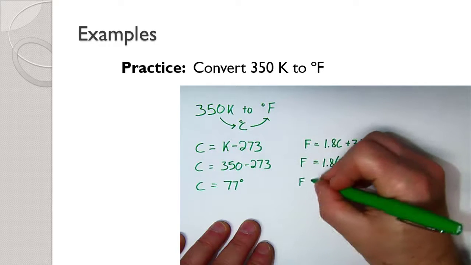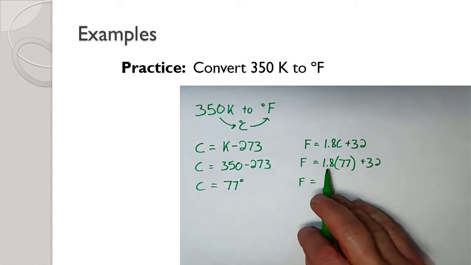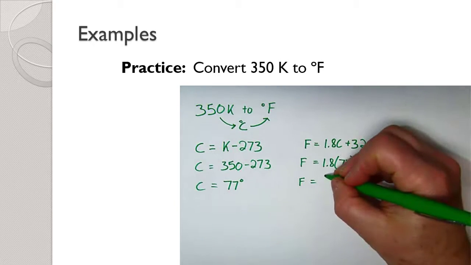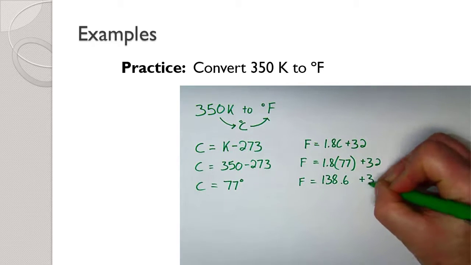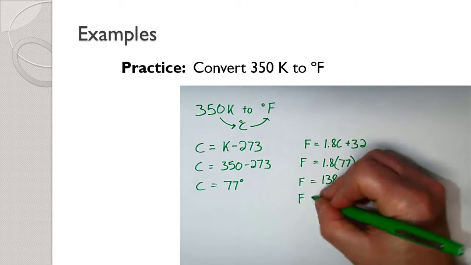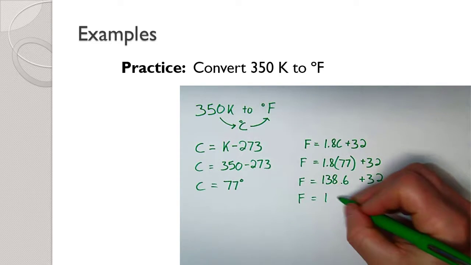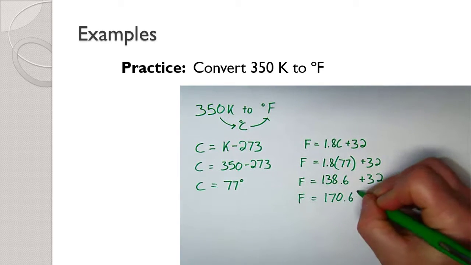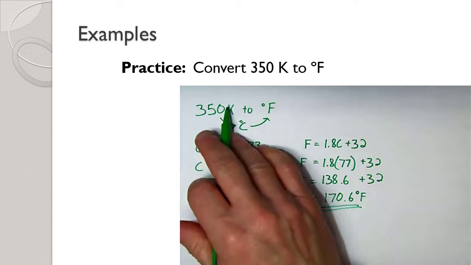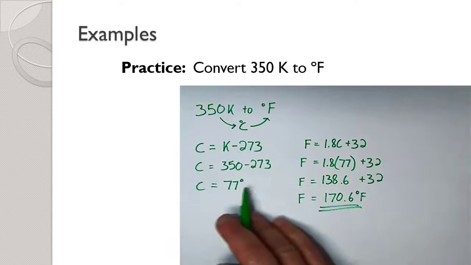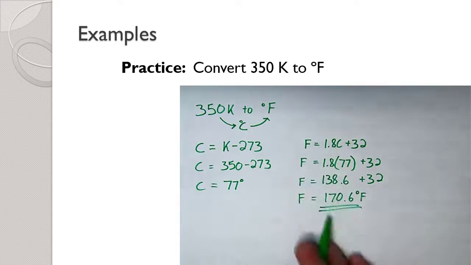And so our Fahrenheit temperature is 1.8 times 77, which is 138.6, plus 32 puts us at a Fahrenheit temperature of 170.6 degrees. And we did the conversion again. Kelvins to centigrade or Celsius, and then from Celsius to Fahrenheit.